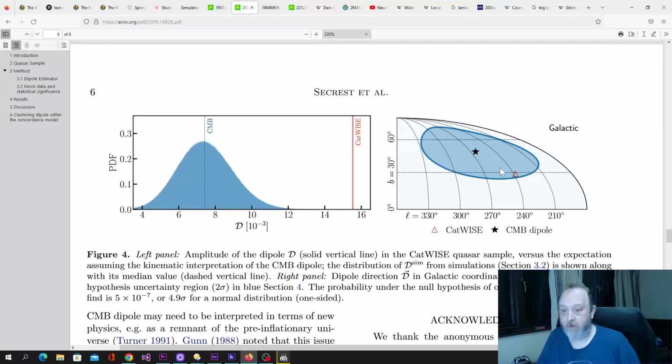So the two are not matching up, and thus the kinematic interpretation of the CMB dipole, which is the thing that's being tested, is failing. Because if the two were to match, then this red line should be over here. It shouldn't be way out here with a normal distribution of 4.9 sigma, meaning the likelihood of this being a coincidence is about 5 times 10 to the power minus 7.